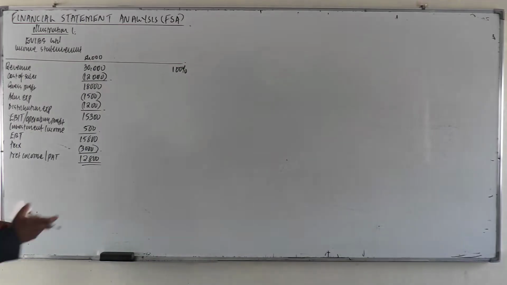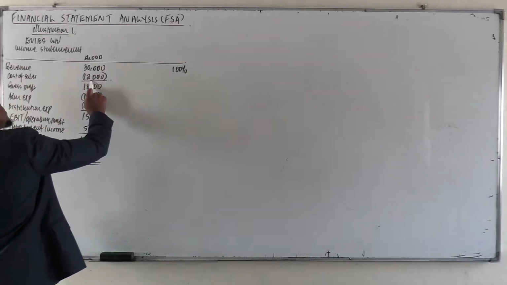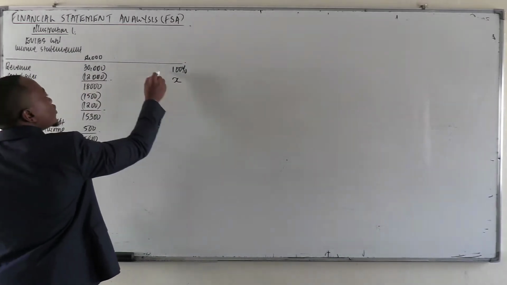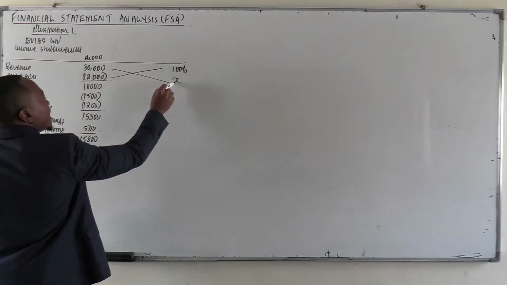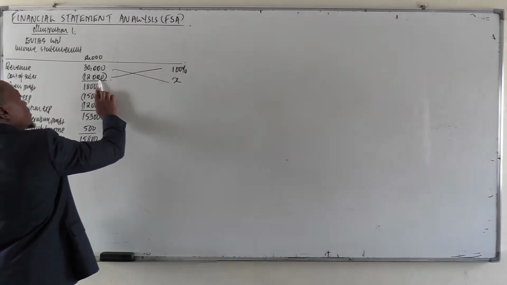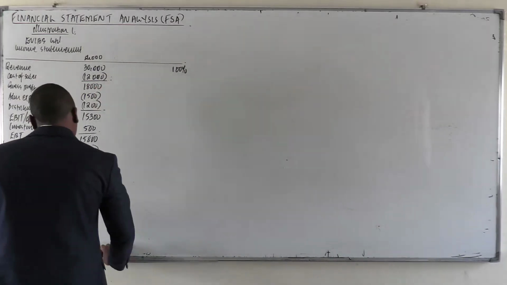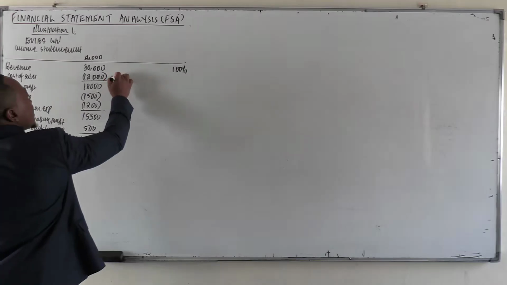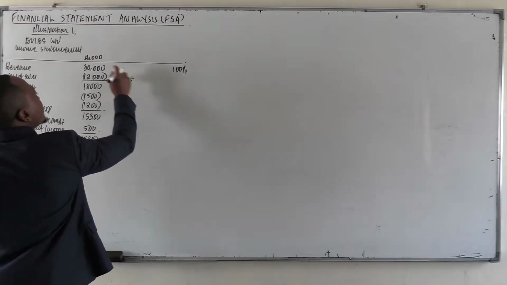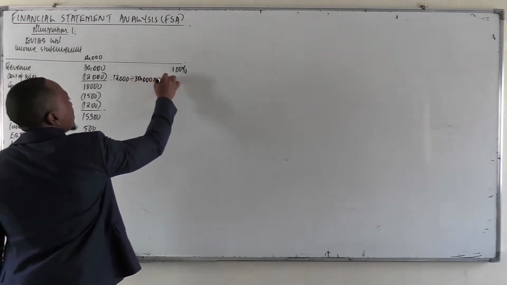For example, 30,000 is equivalent to 100%. What about 12,000? It will be how much? So you just cross multiply. That 30,000 is equivalent to 100%. What about 12,000? So how will we be getting that? To get that, you take 12,000, you divide by 30,000, then times 100%.